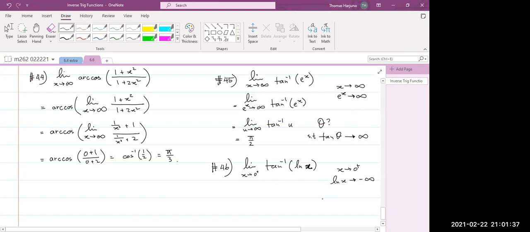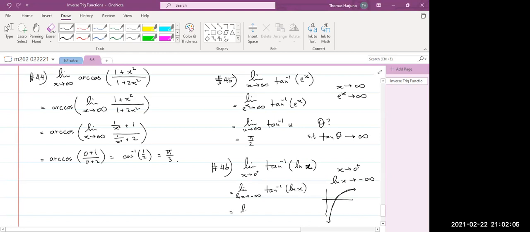Right? The graph of ln x looks like this. As you go closer and closer to 0, the value of natural log will get closer to negative infinity. So this is the limit as ln x goes to negative infinity of tangent inverse of ln x.